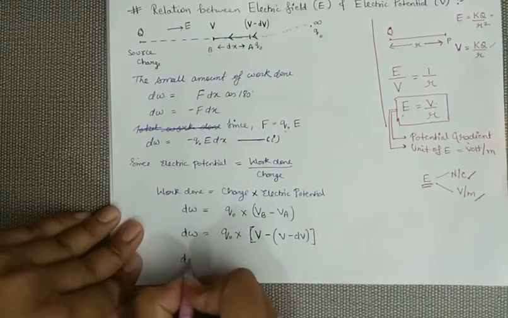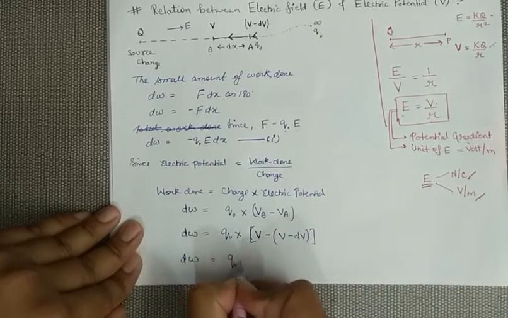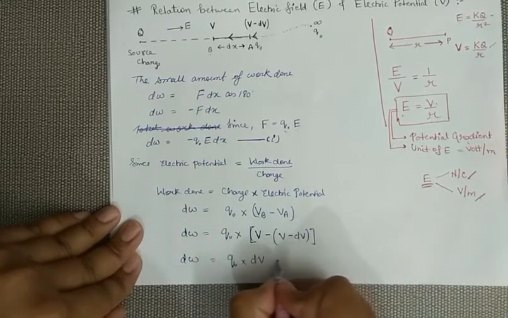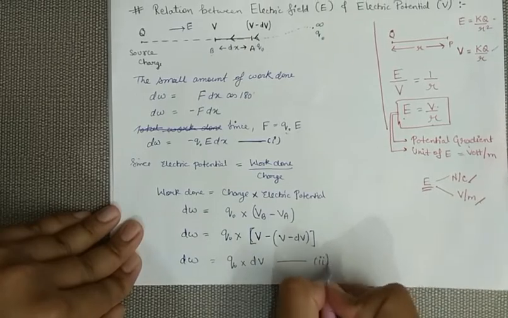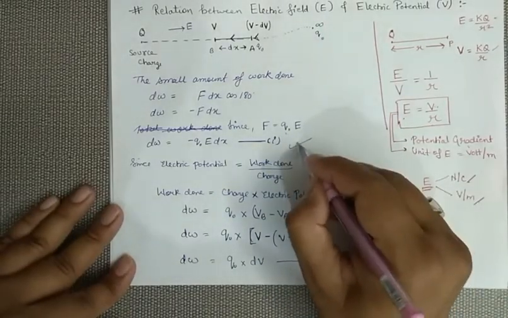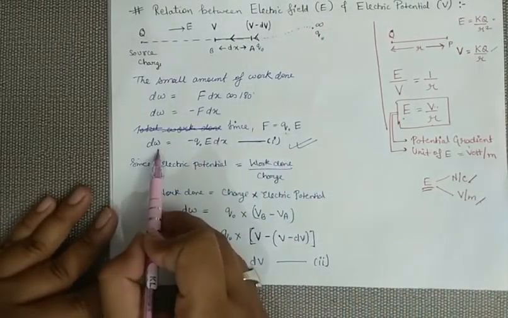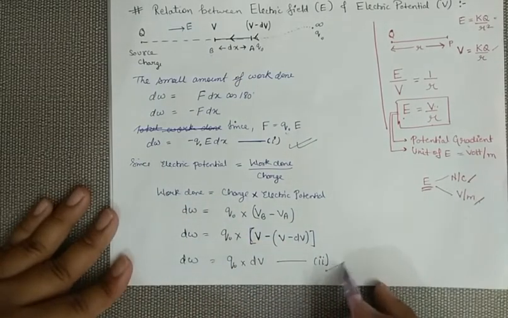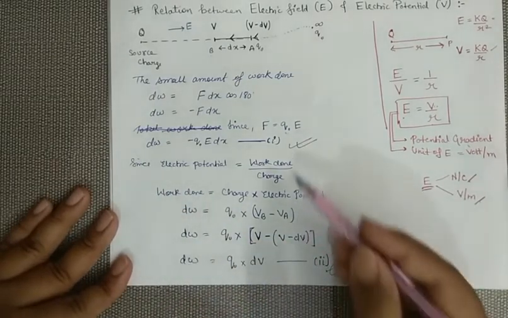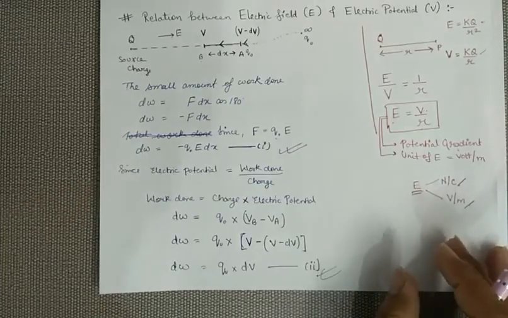On simplifying, your work done is q naught times dV. Name it as equation second. This is the first equation representing work done, this is the second equation representing work done. So I just equate these two equations.